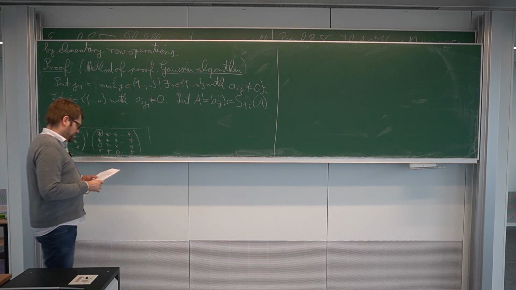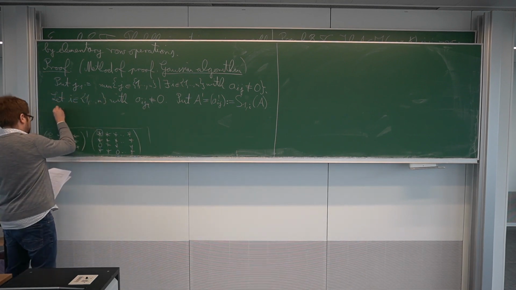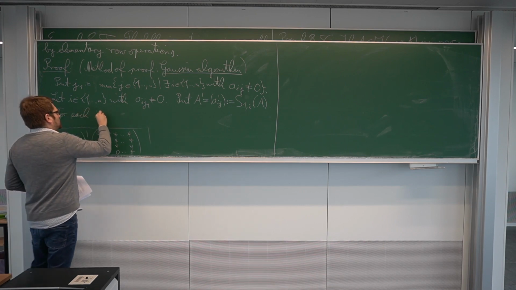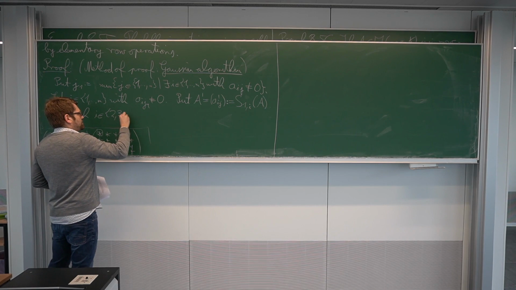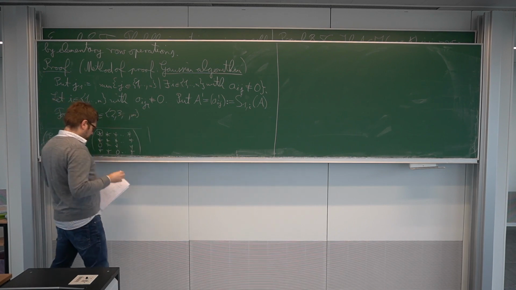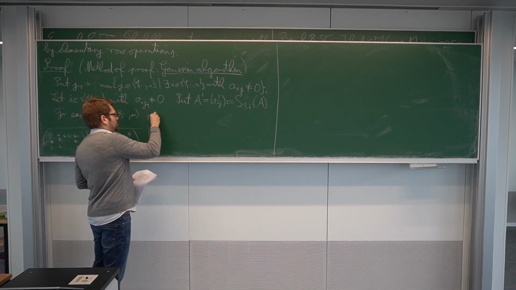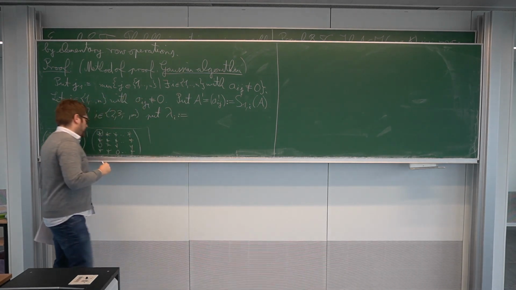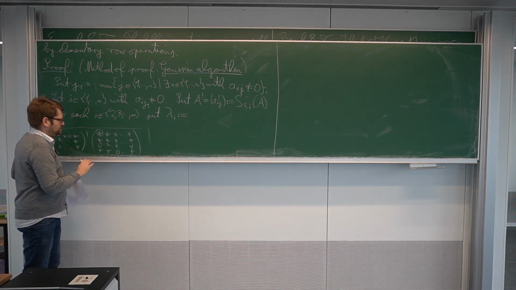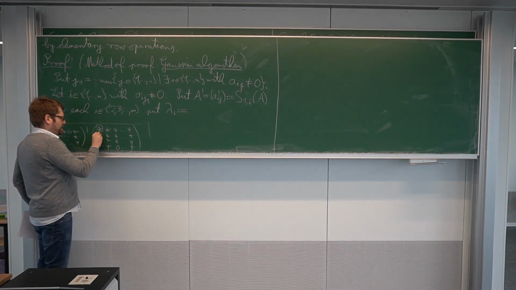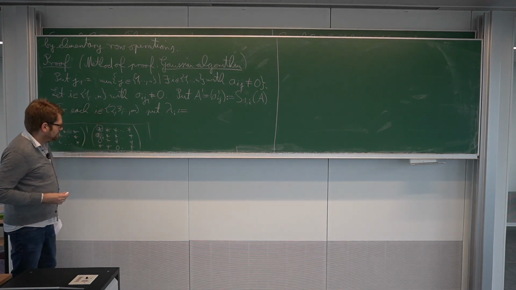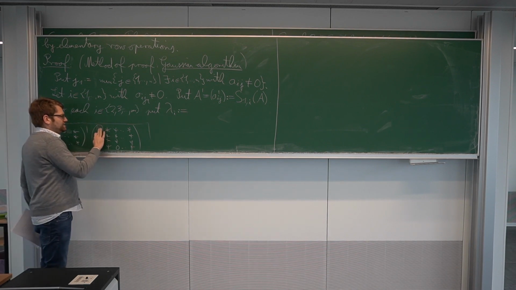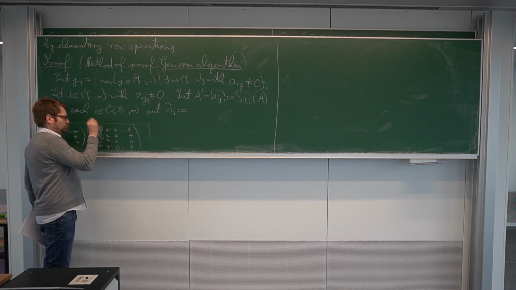This means, for each i between 2 and m, so all the rows below this, we do the following. We put lambda_i. We need the right coefficients such that if we add it to the number which is here, for example a_i1 prime for some i, and the element in the top left would be a_11 prime.